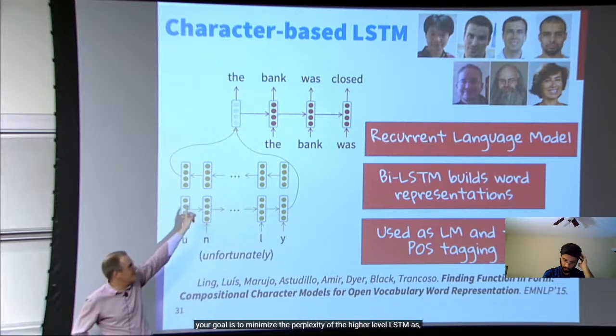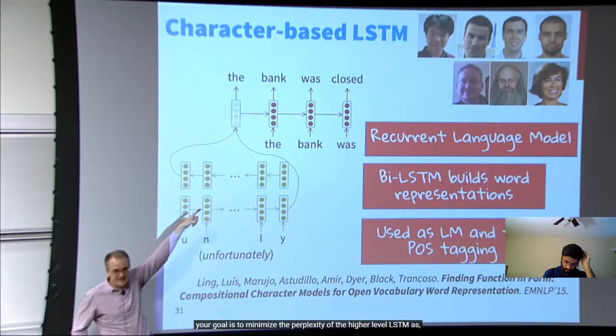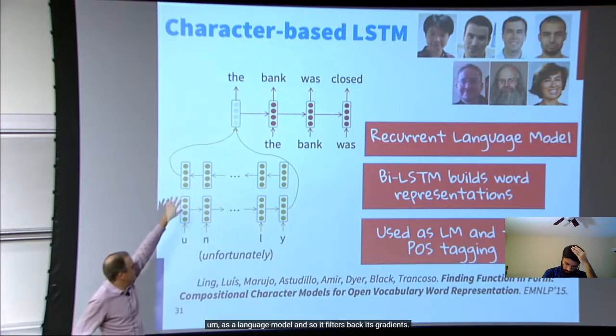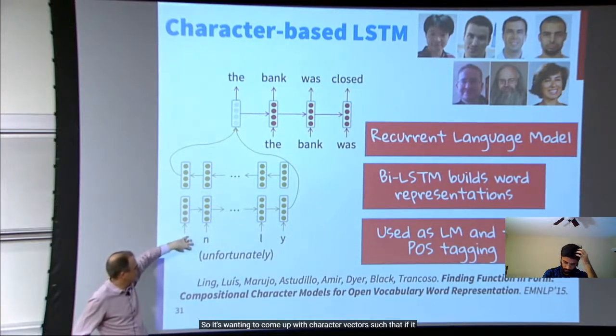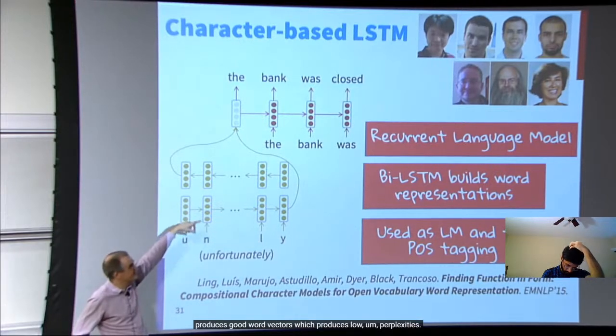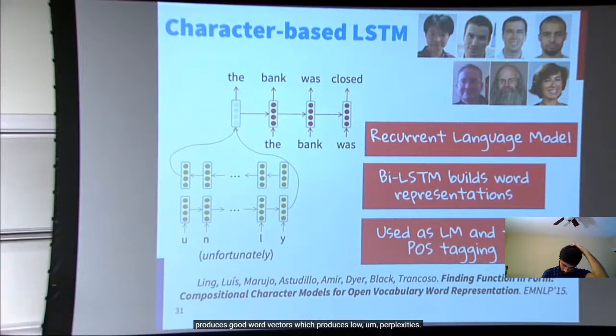Your goal is to minimize the perplexity of the higher level LSTM as a language model. And so it filters back its gradient. So it's wanting to come up with character vectors such that it produces good word vectors, which produces low perplexities. Good question.